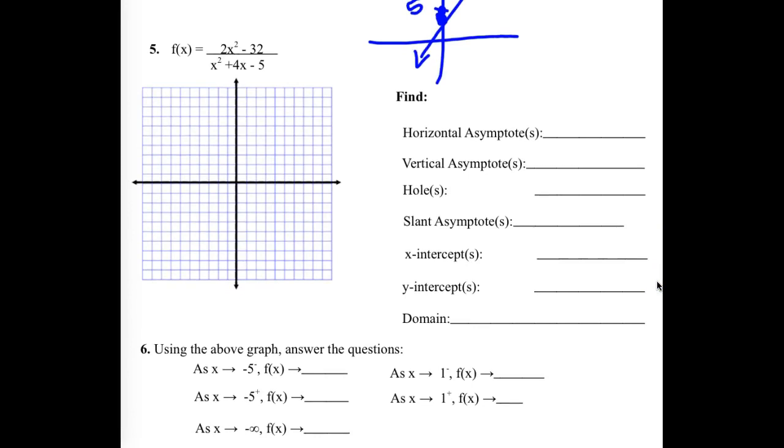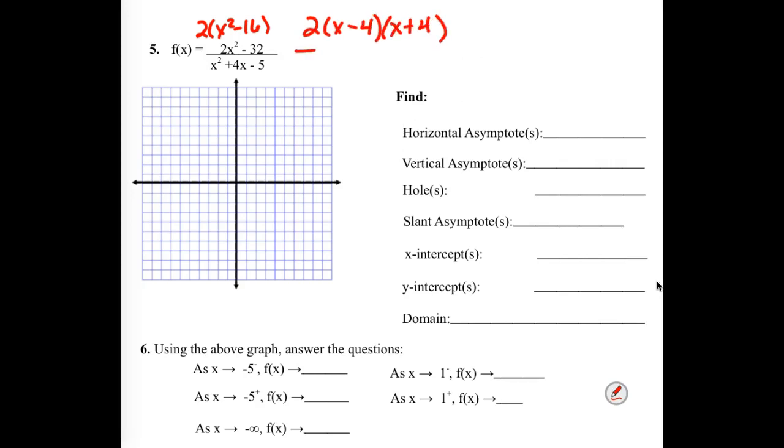Last one that we're going to graph. Can we factor it? What could we do for the numerator? If we take a 2 out, what's left? Okay, x squared minus 16, and that factors into what? All right, denominator, how do we factor x squared plus 4x minus 5?